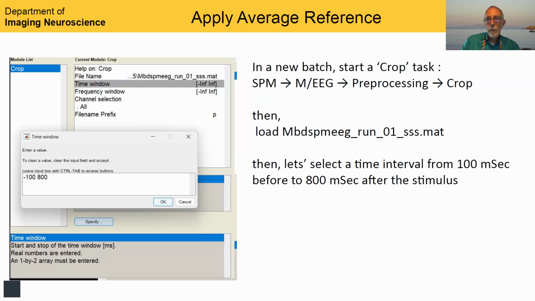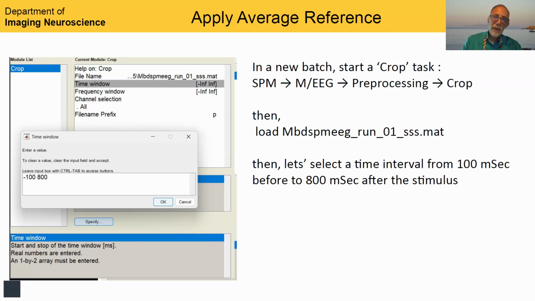So we get a new batch, and then we go SPM, MEG, preprocessing, crop. Here we load our new data file, the one that starts with capital M. And let's select a time window.